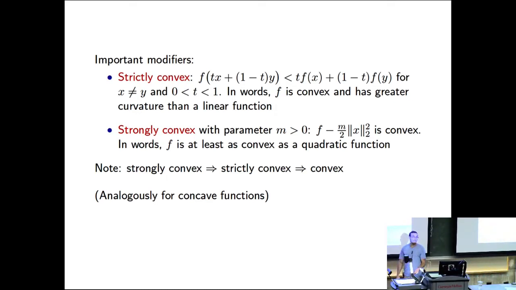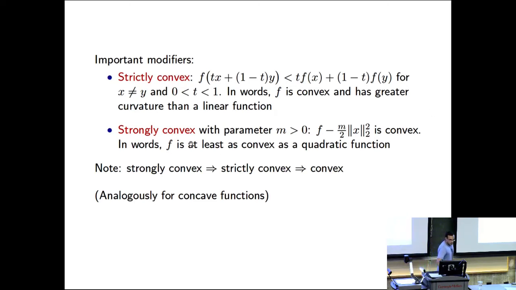They're not strictly convex, because for strictly convex, the function has to lie strictly below the line segment joining two points. Verbally I said at least as much curvature, but that's not what I meant. It has more curvature than a linear function. So it's actually curved compared to a linear function. Somehow that's what this inequality means, at least intuitively.